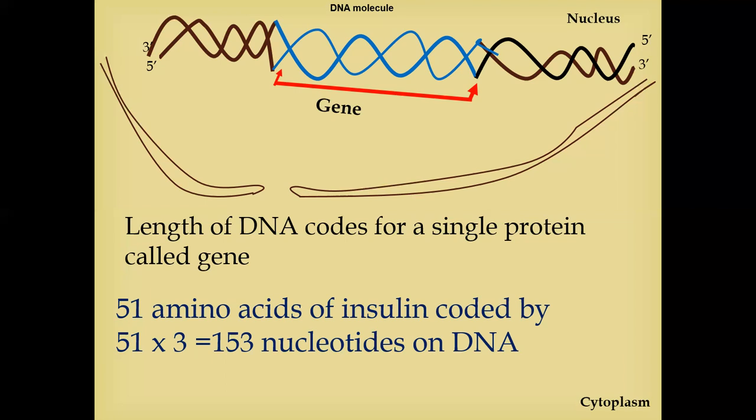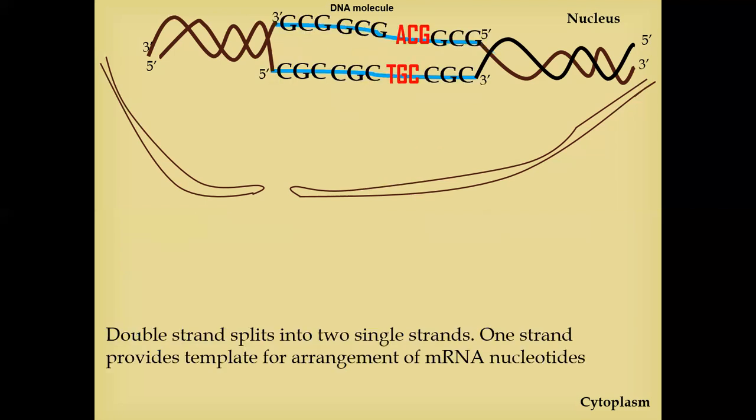For example, the gene length available here will split from the double helix structure into single strands. From these two strands, one strand will provide a template strand for making messenger RNA.